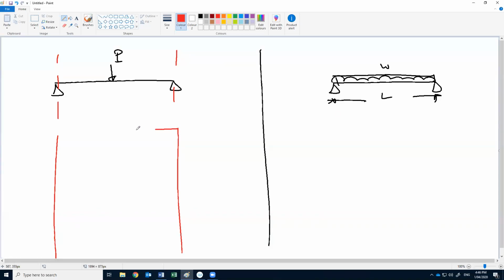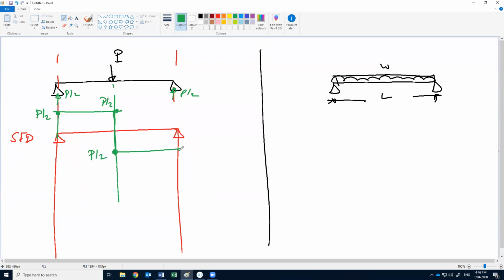The shear for this one, this will be the shear. The shear will be P by 2 in this direction, and here P divided by 2. So this is our shear, P by 2 and P by 2. This will be positive, this will be negative.